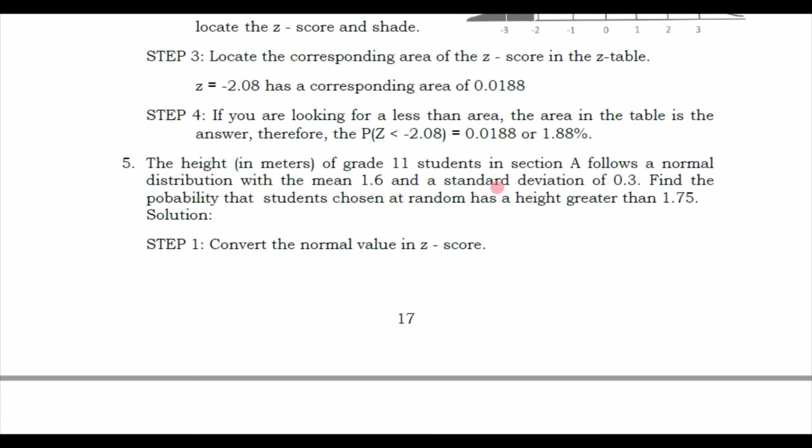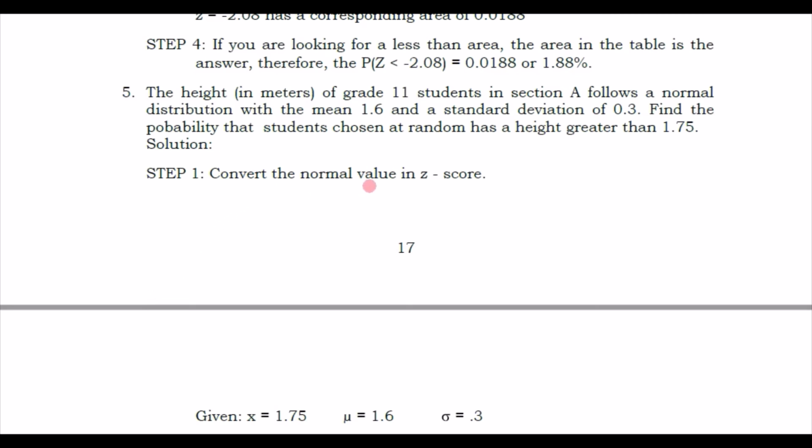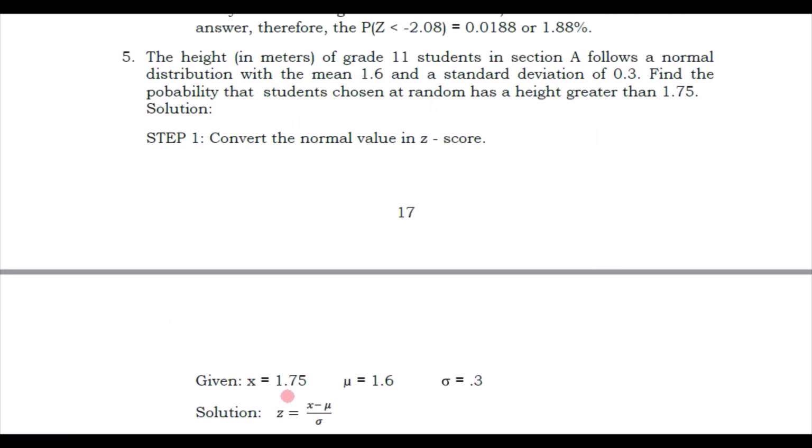Okay? The height in meters of grade 11 student in section A follows a normal distribution with the mean of 1.6 and the standard deviation of 0.3. Find the probability that student chosen at random has a height greater than 1.75. So the solution, convert the normal value in z-score. So what are the given? Okay, we have here the variable x is equals to 1.75.